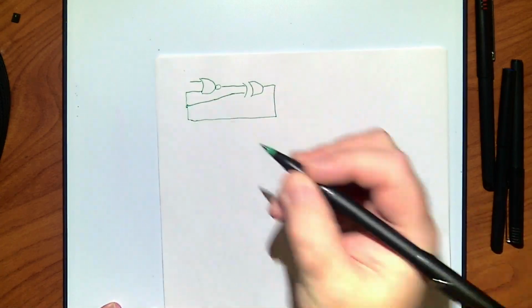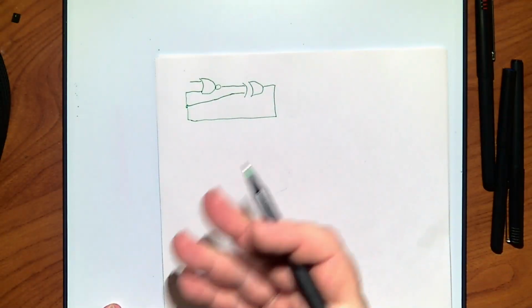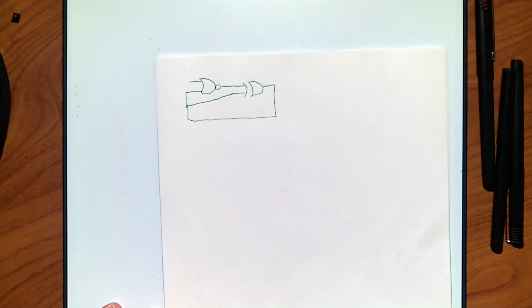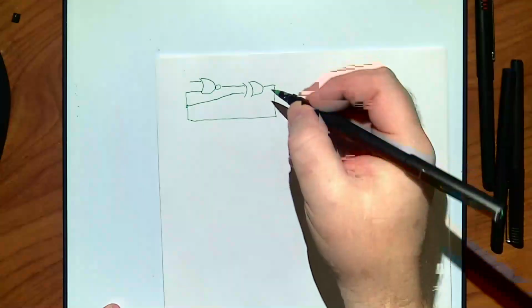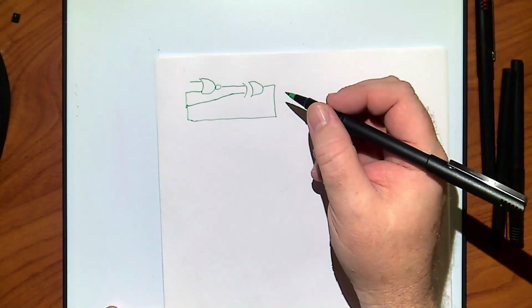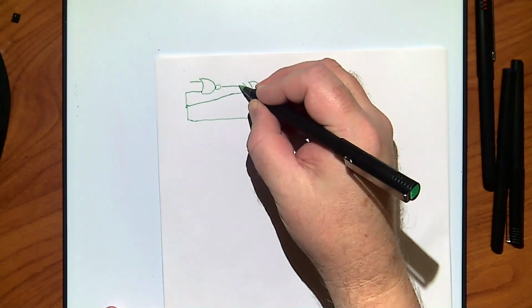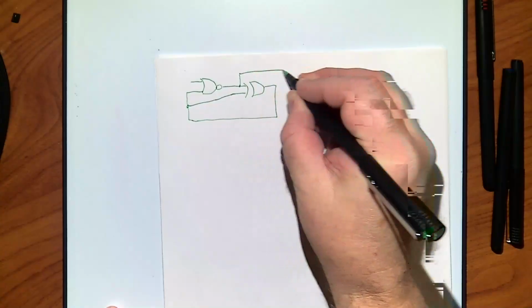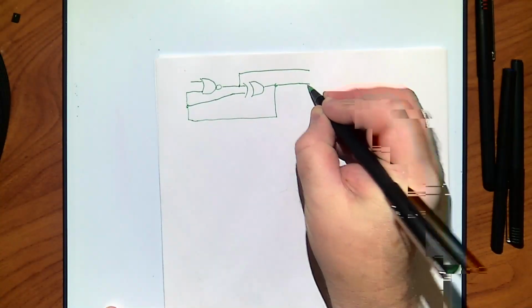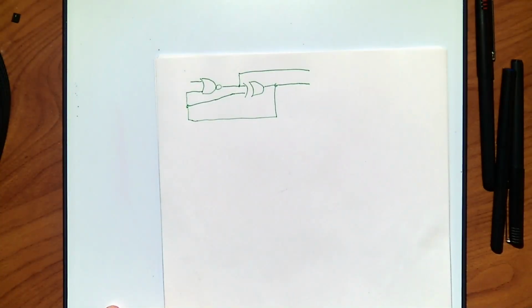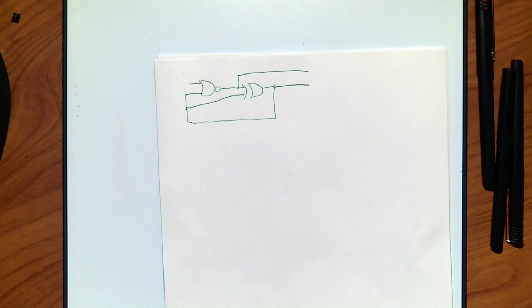So we can look at this and ask, can we figure out what this circuit does, how it behaves? I might grab two places for outputs.